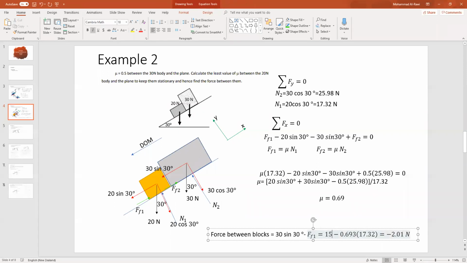What's against that force is the friction resulting from the other crate. So the friction force is 17.32 times 0.693, which we just determined, and that will give you a positive number, 2.99 newtons.